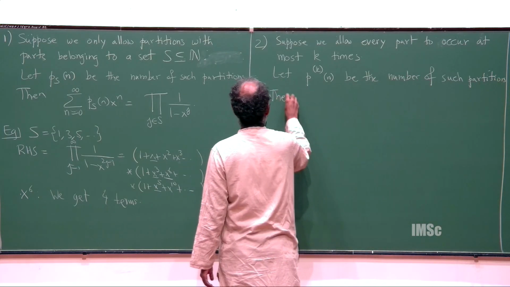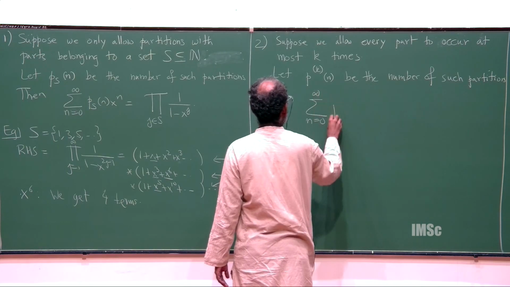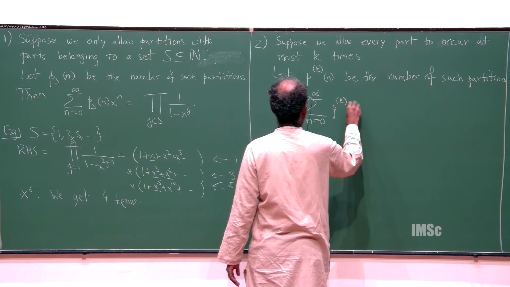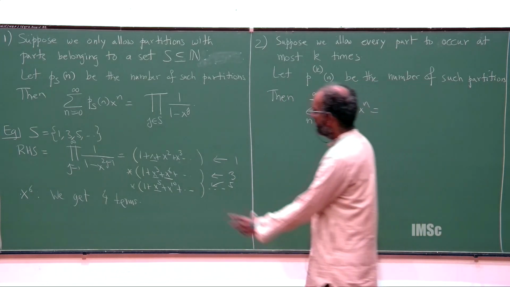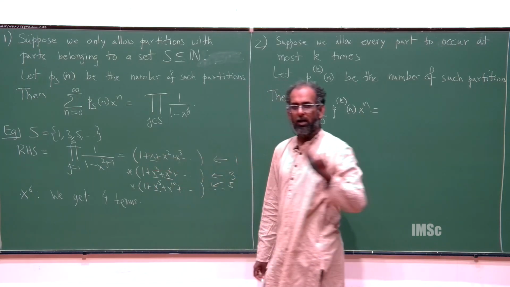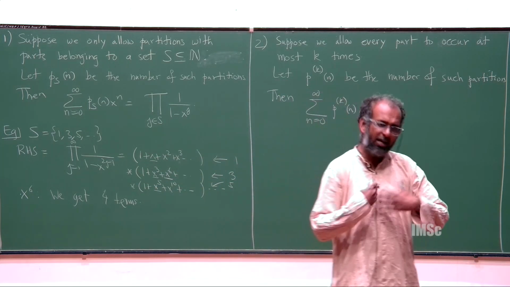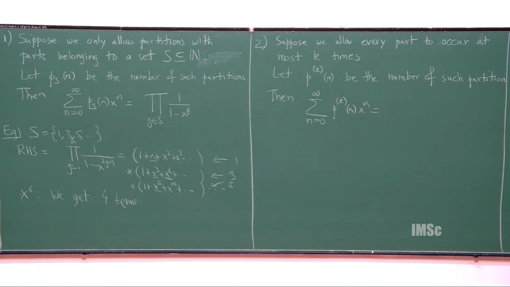then we get the generating function of such partitions P upper k of n. See here, this is a geometric series. I'm allowing any part to occur any number of times. One can appear 10 times or 3 times or 1,000,000 times, it doesn't matter, right?